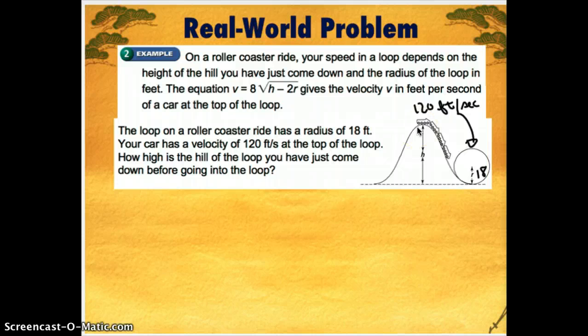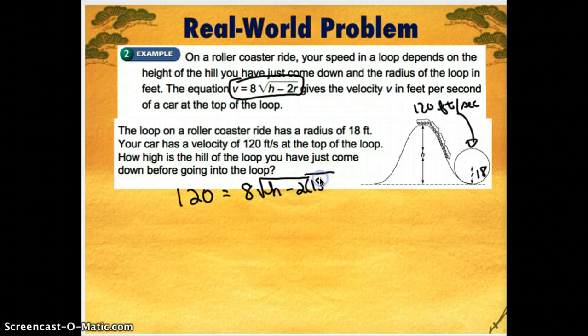We're going to use this equation. V is my velocity, 120, equals 8 times the square root of h, which we're trying to find, minus 2 times r, and r is 18. I'm going to solve this as much as I can.